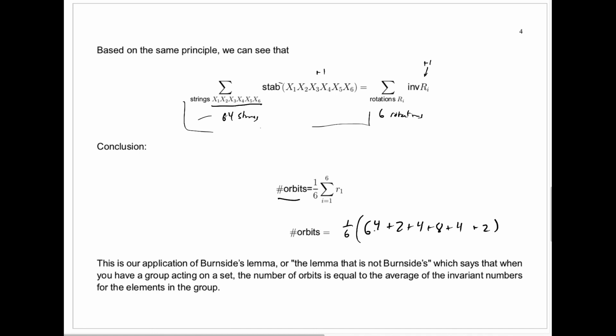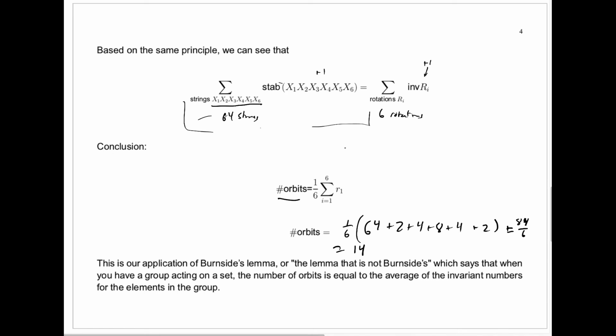And if we add those together real quickly, that's 64 plus 2 is 66, 70, 78, 82, 84. We have 84, that's equal to 84 over 6, which is exactly 14. And you'll remember a couple lectures ago, we actually counted all the orbits, and it was exactly 14 orbits.